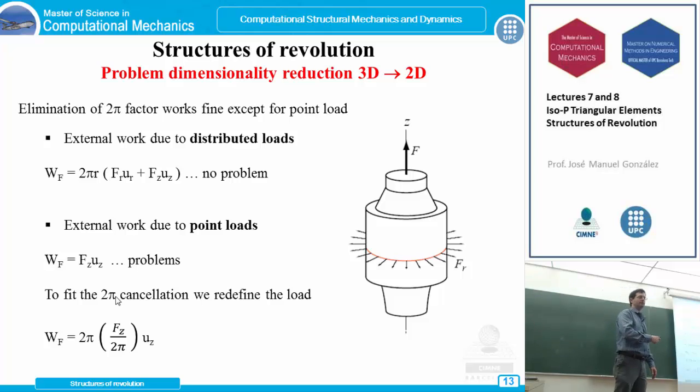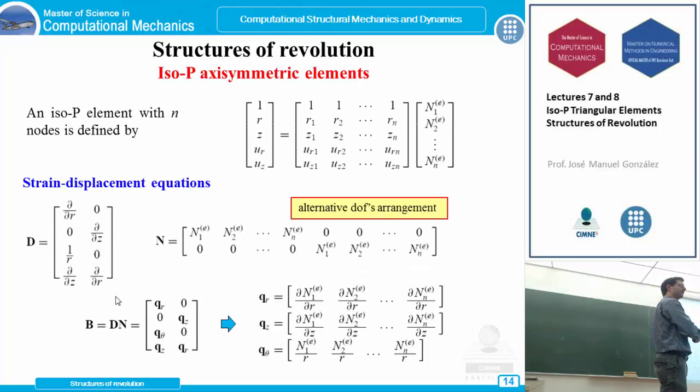What more? Yeah. Question. It says that if you have a node on the axis, you will have a problem. Yeah. How to pass this problem?